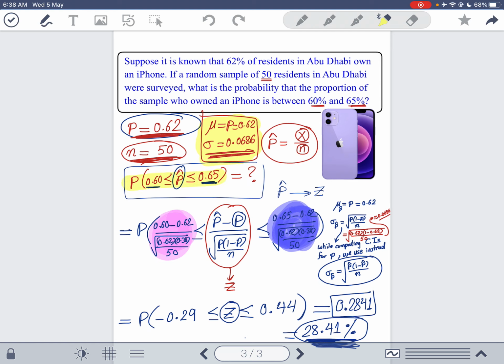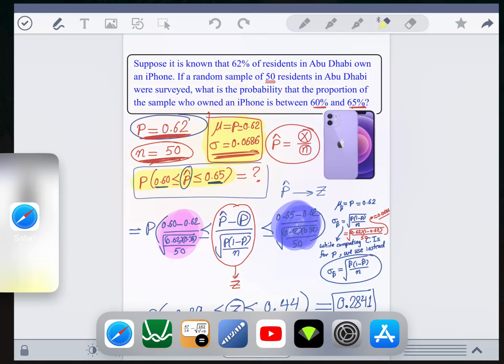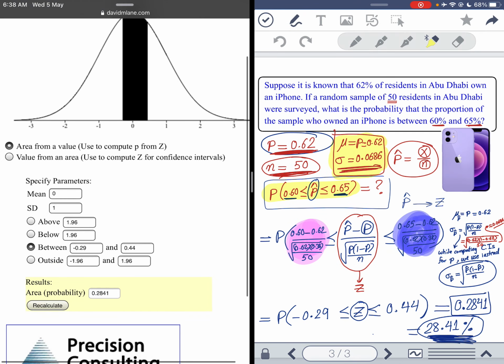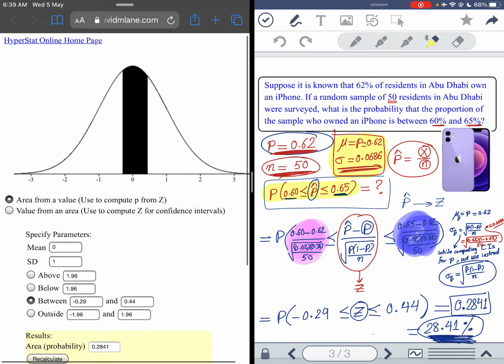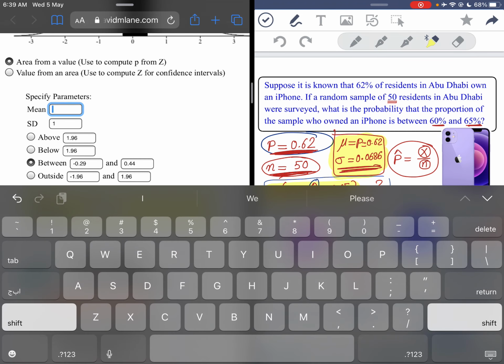And remember, they asked us to do this. So here, we go back to the calculator, and now, of course, you're computing probability. So I remind you, you do area from a value because you're giving a value and you want the probability. So here you will put the mean as what we have here, 0.62.